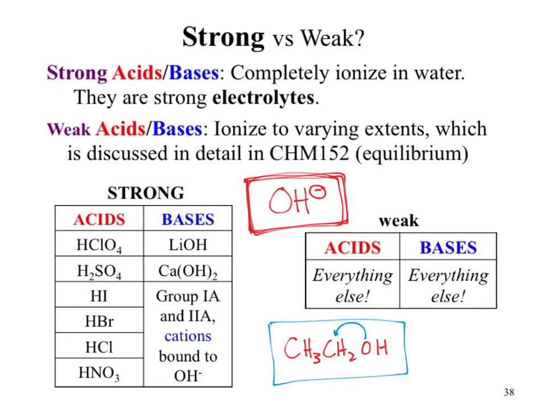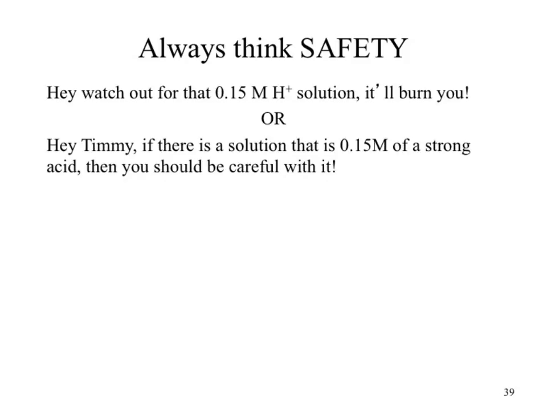Okay? So it's recognizing what pieces are important to look for versus in other situations. Should always be considering safety. So we said our important aspect is the amount of H plus present. So we could go through and reference this for little Jimmy.